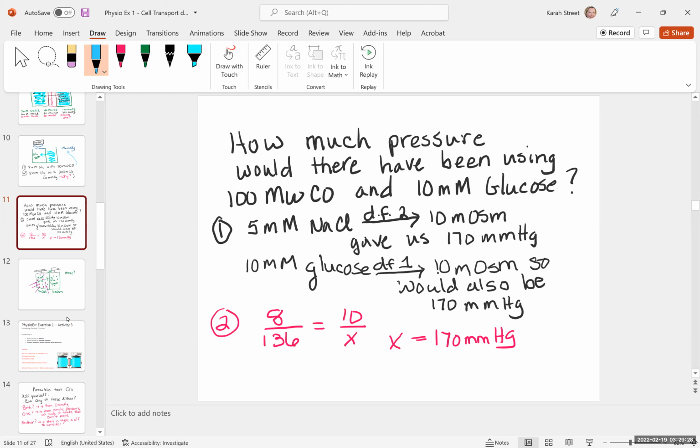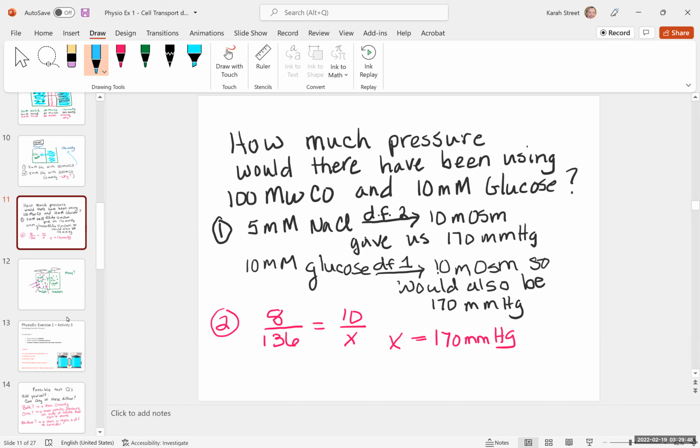Okay, well, sodium chloride has a dissociation factor of 2. So again, when we played with sodium chloride 5 millimolar using the 20 molecular weight cutoff, sodium chloride couldn't move, and we detected or had an osmotic pressure of 170 millimeters of mercury.